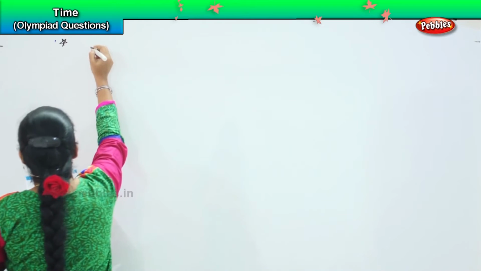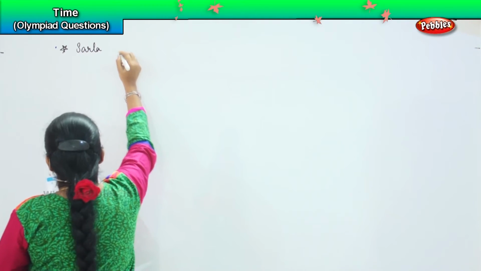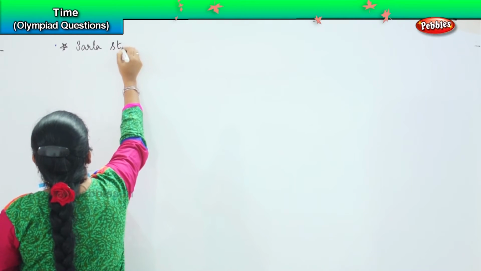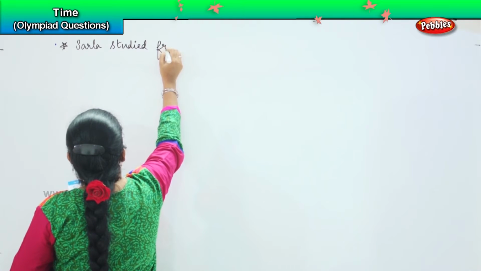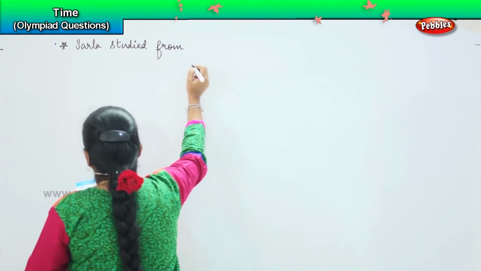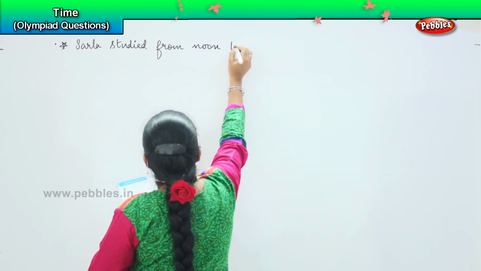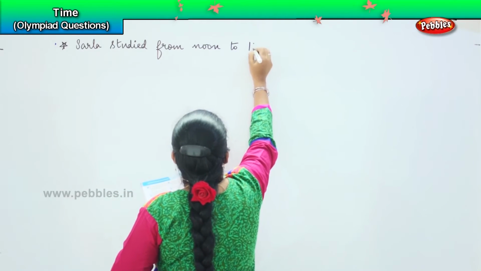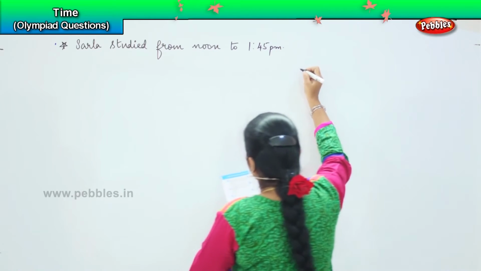The question says, Sarla studied from noon to 1:45 p.m. Okay.